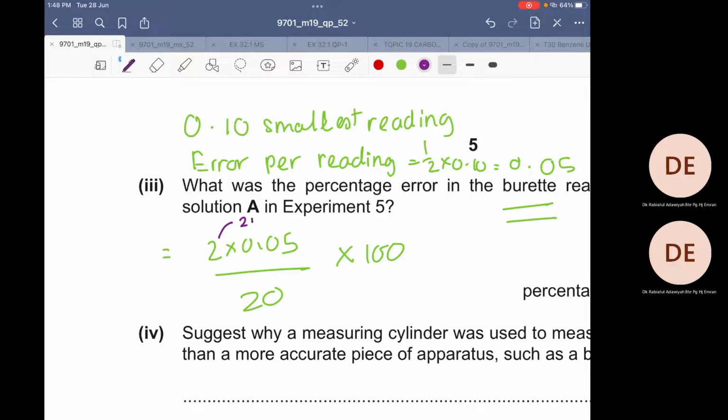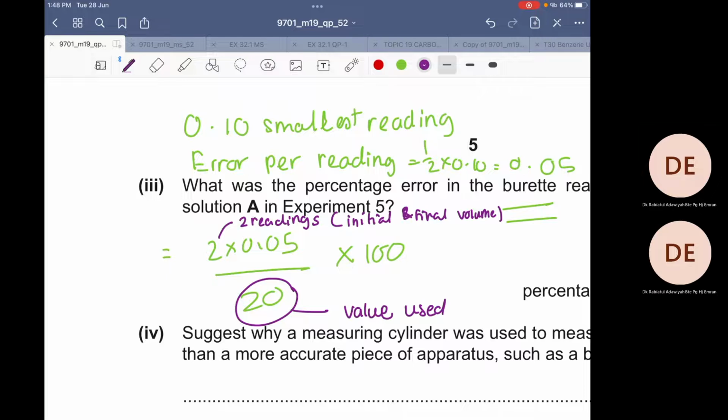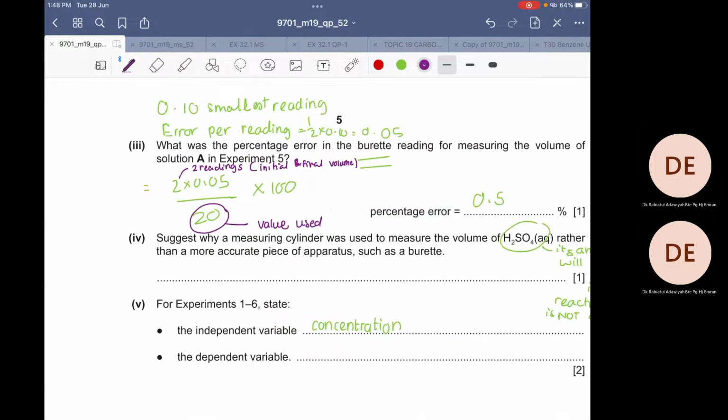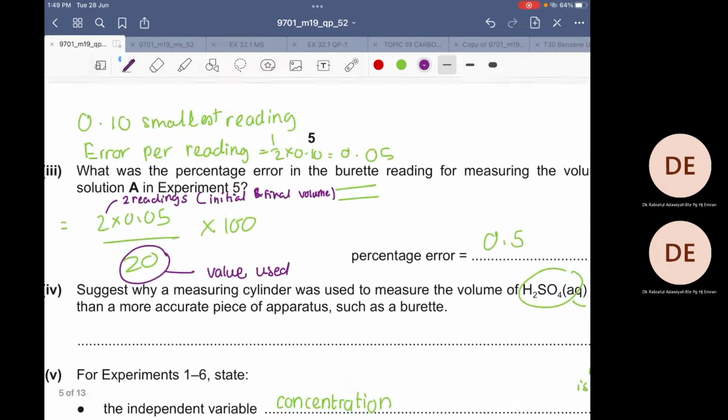That's why you multiply it by 2, initial and final volume, times the error per reading over the value used. In this case, we use 20 centimeter cube of solution A in experiment 5. So you should get a percentage error of 0.5%.